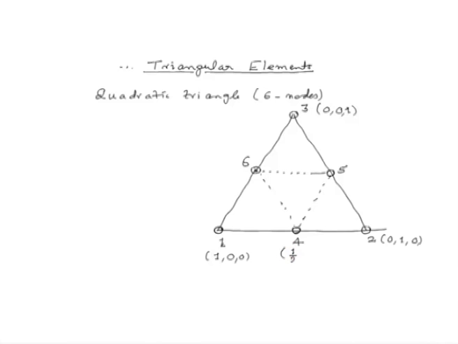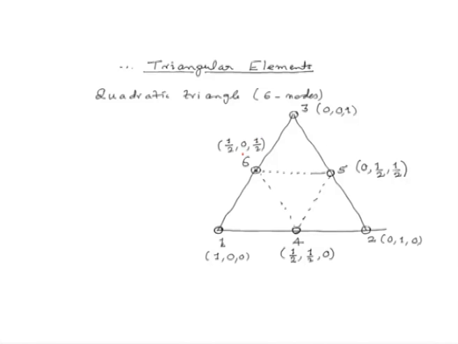So, L1 is half, L2 will also be half, and L3 coordinate is 0 along this line. Node 5: L1 coordinate is 0, L2, L3 they both have value equal to half. Now, node 6 is half, 0, half.